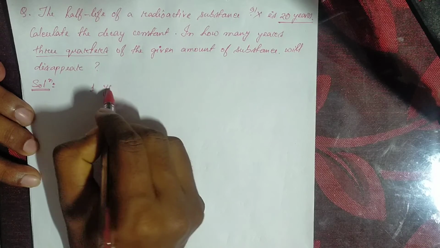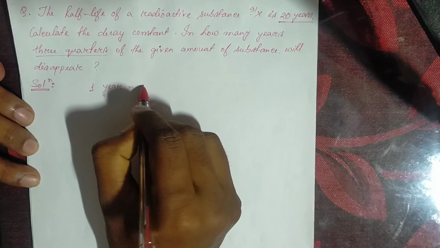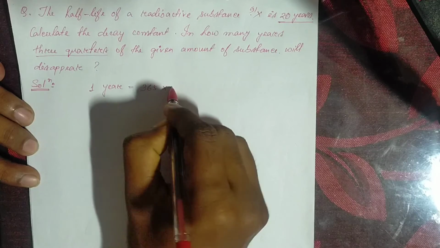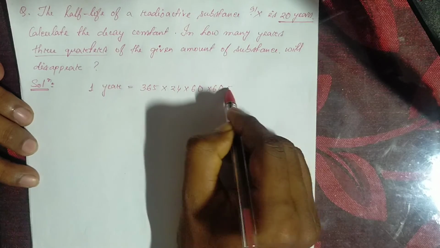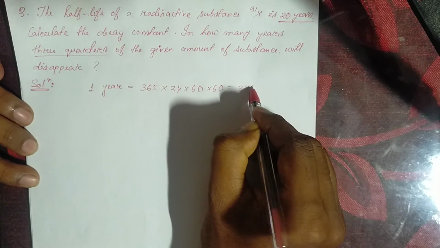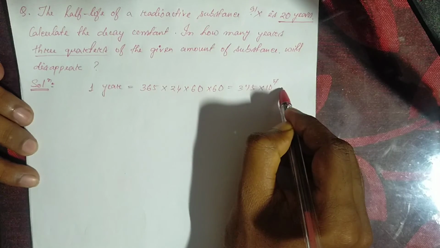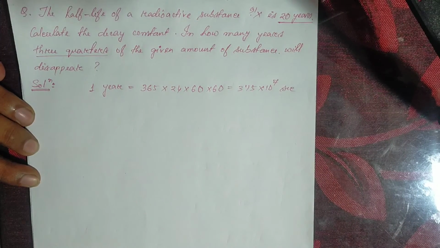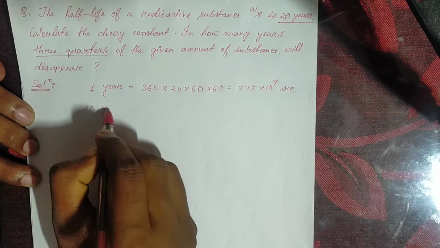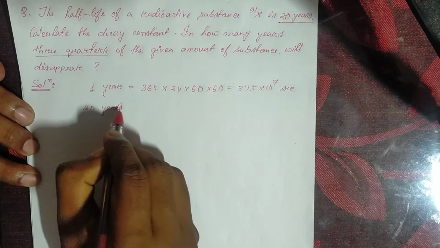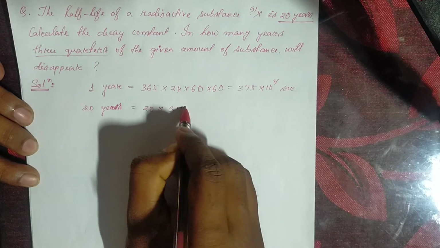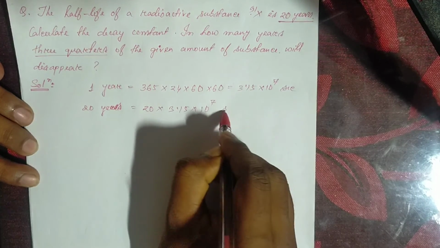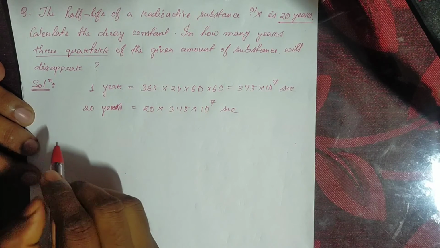So for 1 year, it is 365 into 24 into 60 into 60, which is equal to 3.15 into 10 to the power 7 seconds. So for 20 years, it will be 20 into 3.15 into 10 to the power 7 seconds.